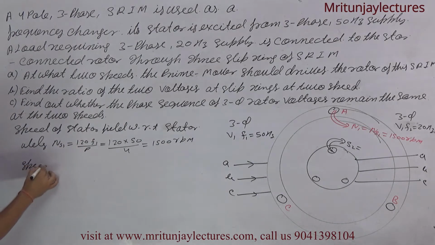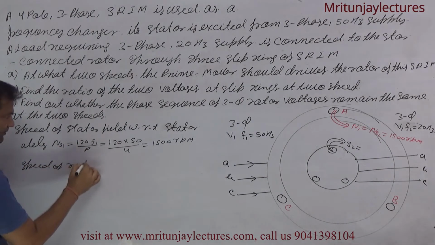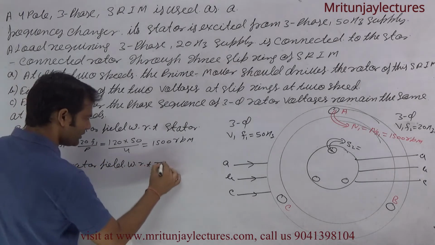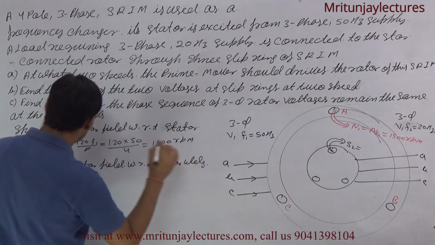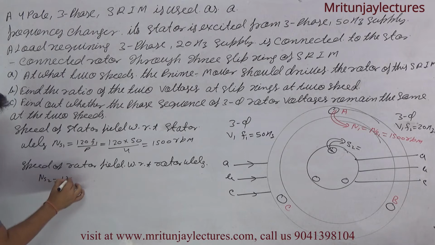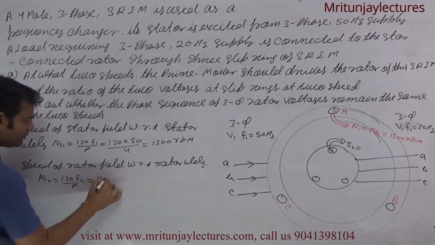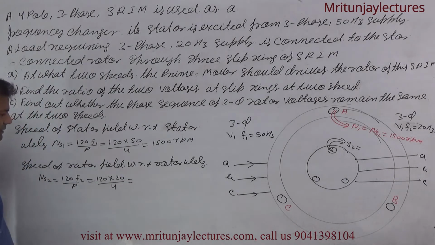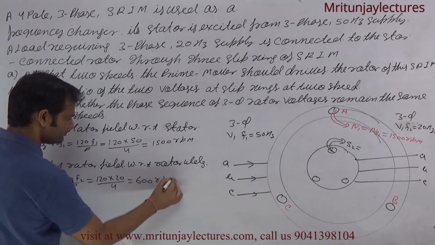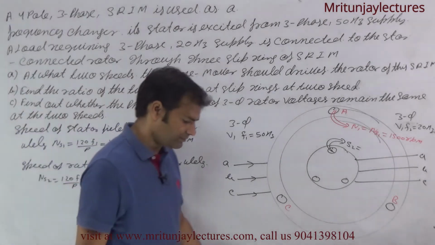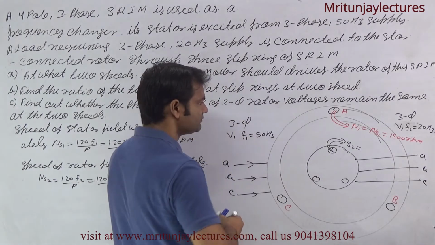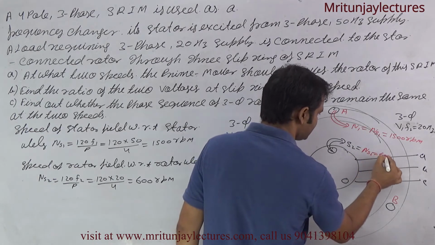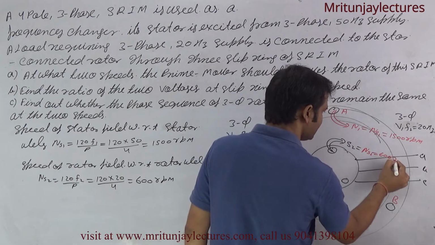So the speed of the rotor field with respect to the rotor winding, NS2, is written as 120 F2 by P. 120 times 20 Hz divided by 4, that is 600 RPM. That is NS2, written as 600 RPM. Clear?